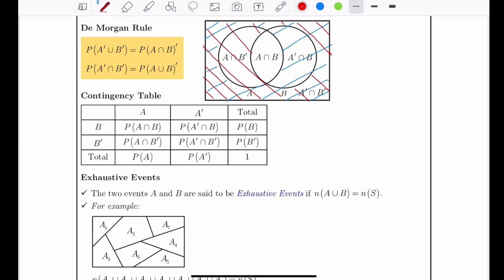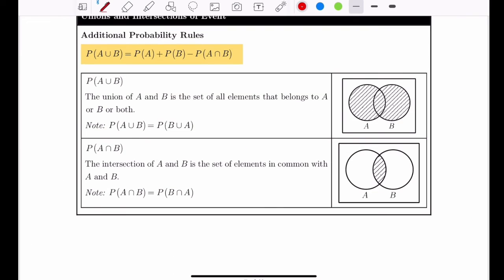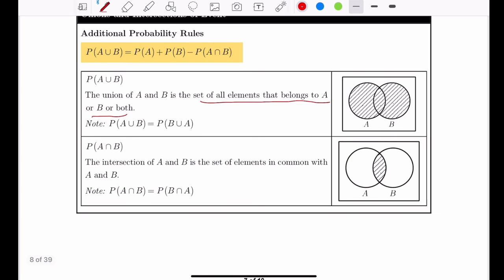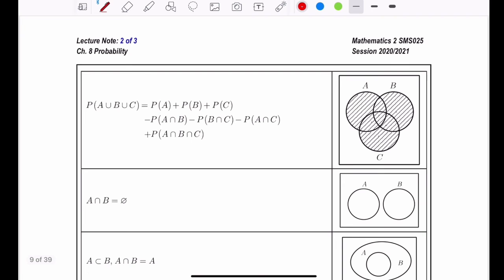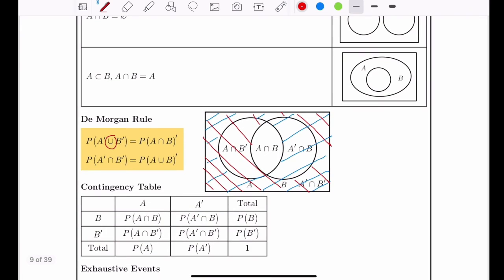Alright, so we know that when we talk about union, it means the set of all elements that belong to A or B or both. So in this case, it is the set of all elements that belong to A prime and B prime or both.